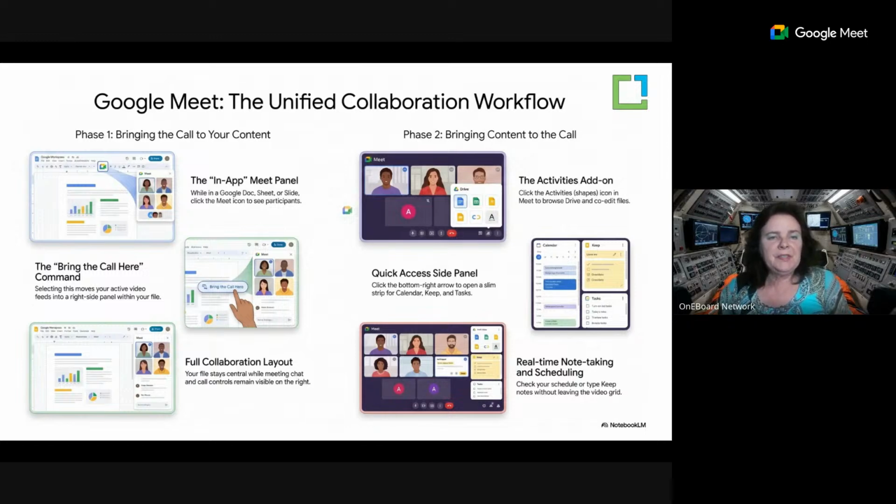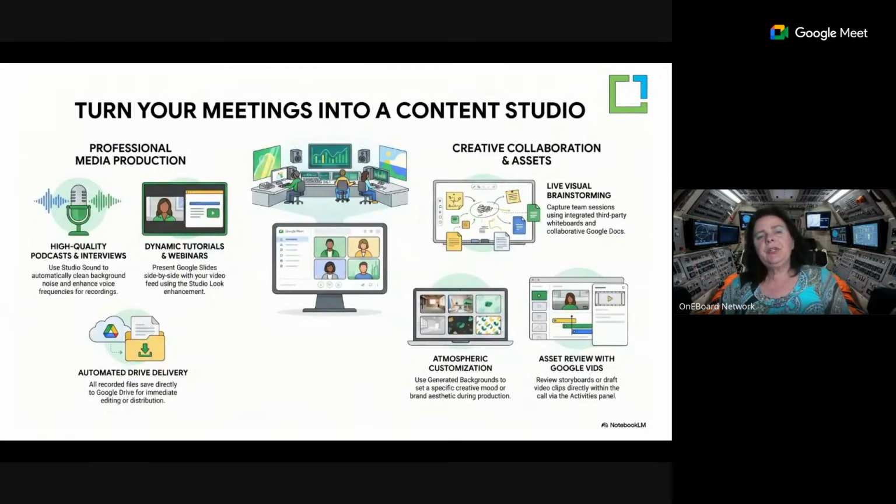So for the next slide, it's very underrated that Google Meet is actually also a content studio. You can produce content here professionally because it has built-in audio enhancement, so you don't need additional software to download.